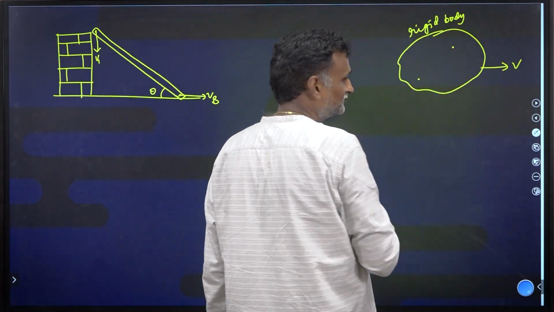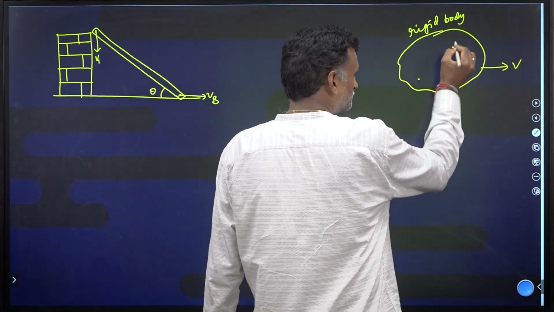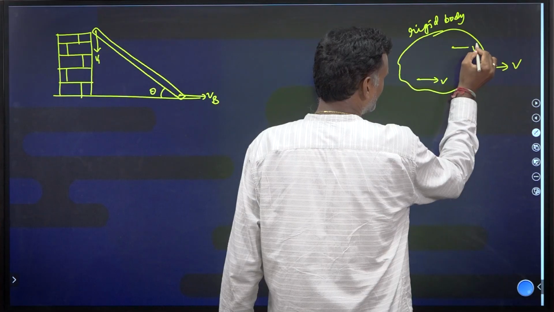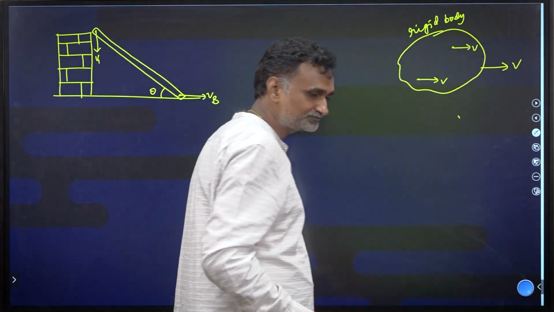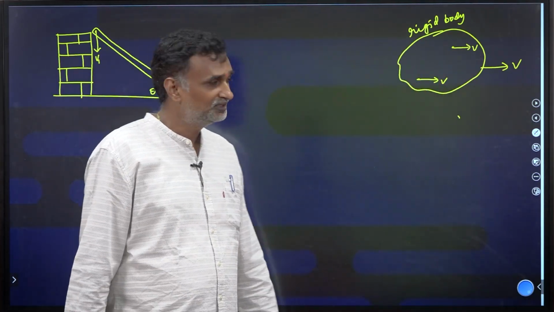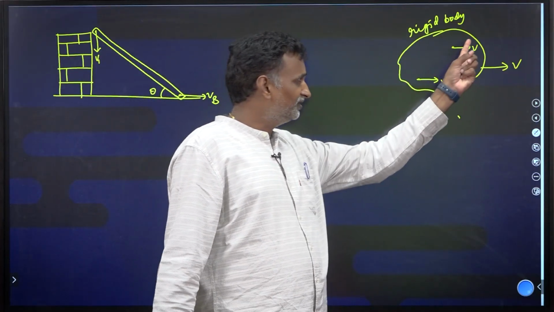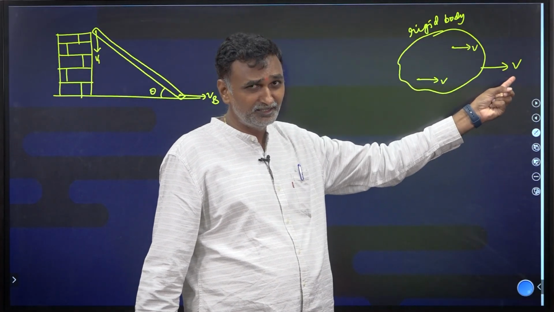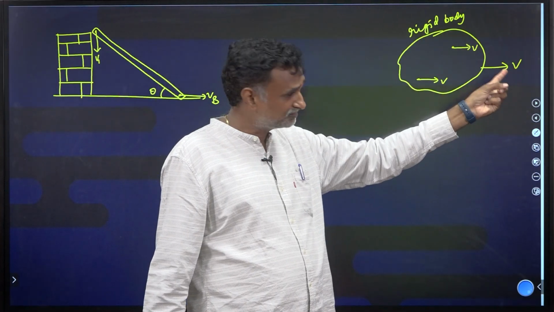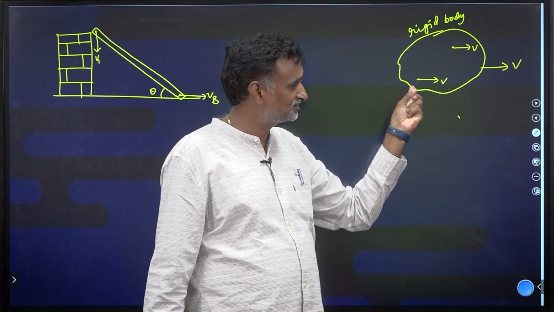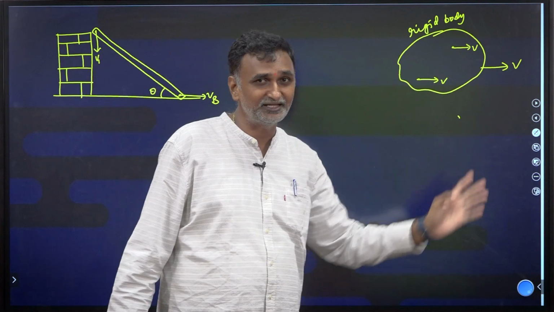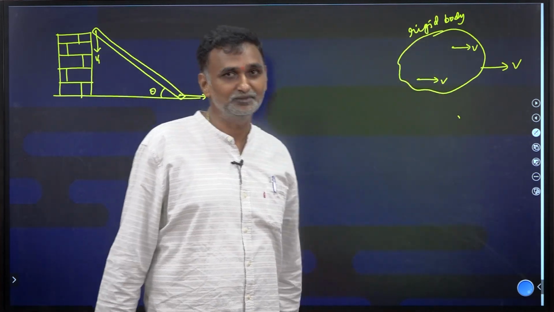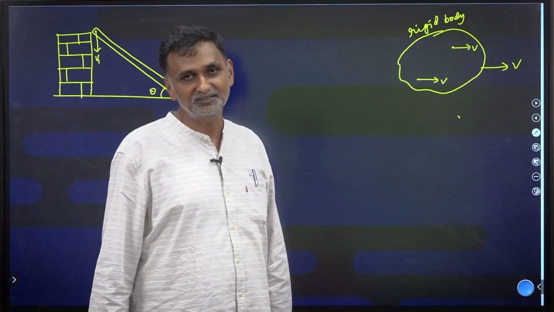These two particles must have the same velocity v to the right. Because the object is moving right with velocity v, these two particles also have the same speed to the right. Then only should we call this object a rigid body, otherwise we don't consider it.